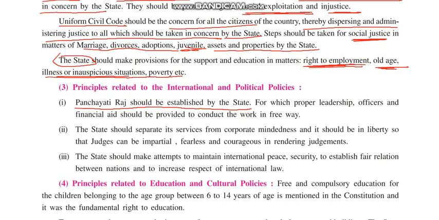They can solve some of the smaller disputes related to the village and take better decisions for the village, for which proper leadership, officers and financial aid should be provided to conduct the work freely. So support should be provided, and financial aid, meaning money or grants, should be provided so that they work in a free way.